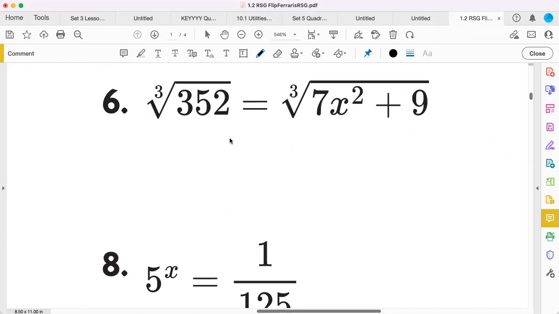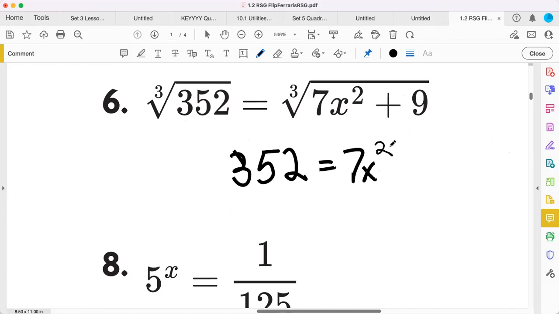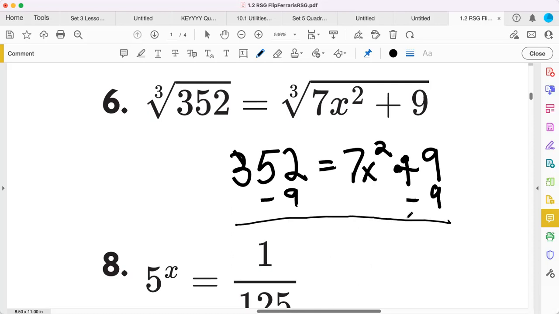For this problem, they're both under cubic roots, so set them equal to each other. You're pretty much just solving 352 equals 7x squared plus 9, which might seem a little tough, but just try to isolate x. So try to isolate x, get rid of this 9 from here and here.